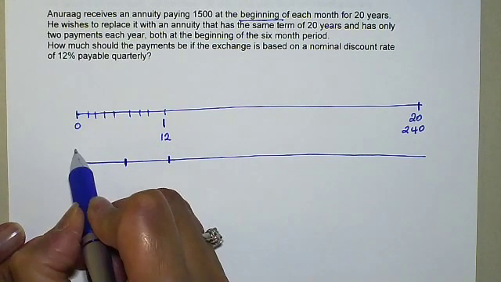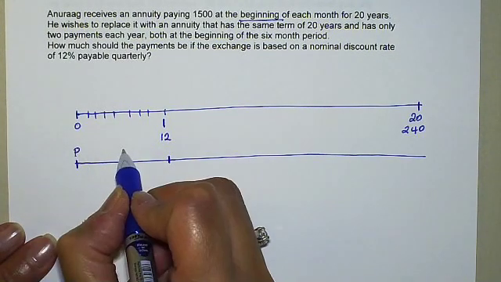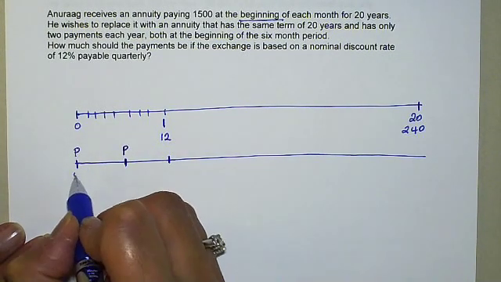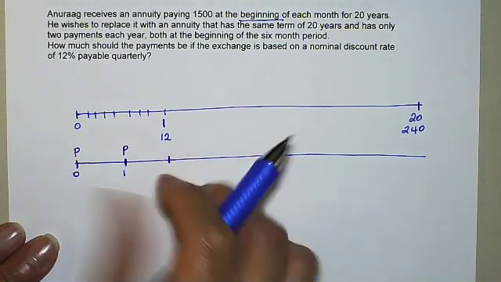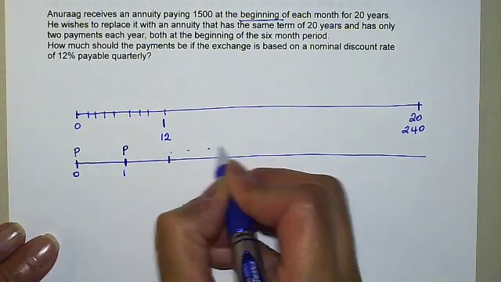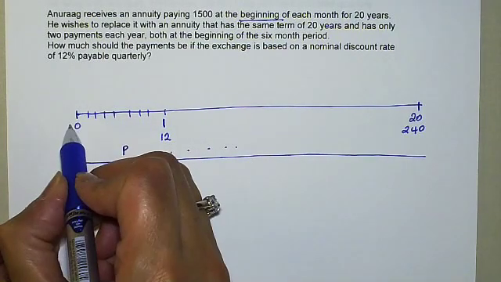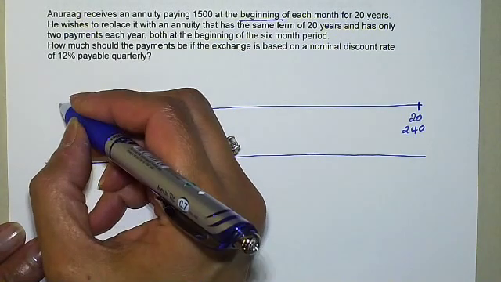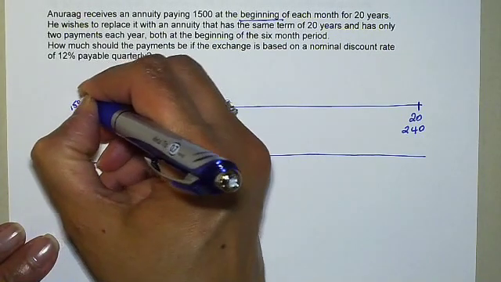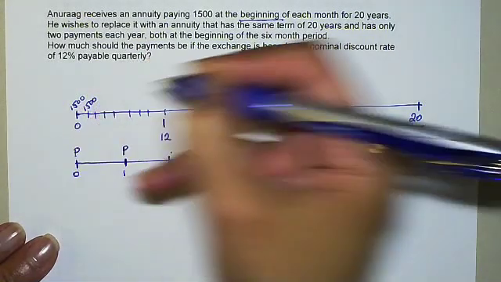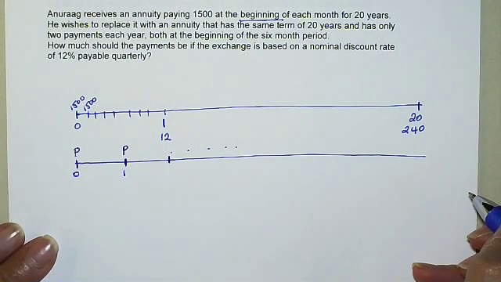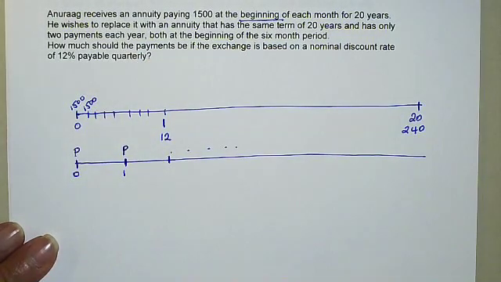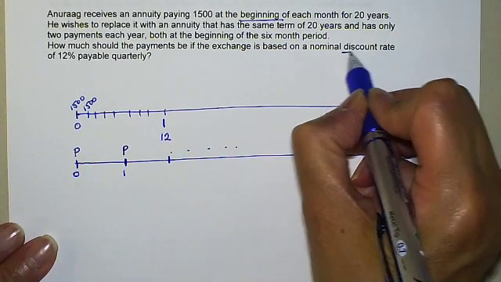He wishes to replace it with an annuity that has the same term of 20 years and has only 2 payments each year, both at the beginning of the 6-month period. So he has a payment here, and he has a payment here. 0, 1, and then this continues. The P's continue. And here also he had 1,500, paying 1,500 at the beginning of every month. So 1,500, 1,500, and so forth.